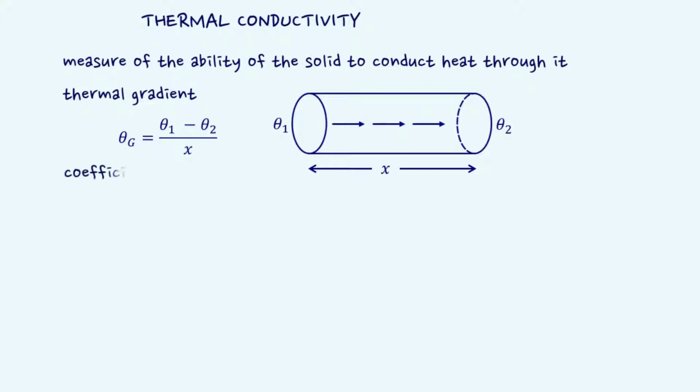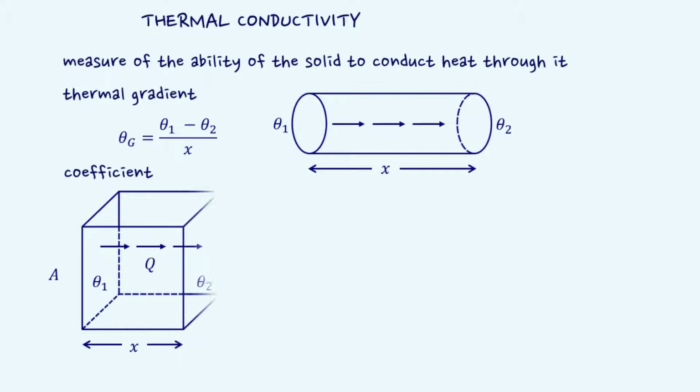Experiments show that under steady state condition, the quantity of heat Q that flows from the hot end to the cold end is directly proportional to the cross-sectional area, directly proportional to the temperature gradient, and the time for which heat flows.